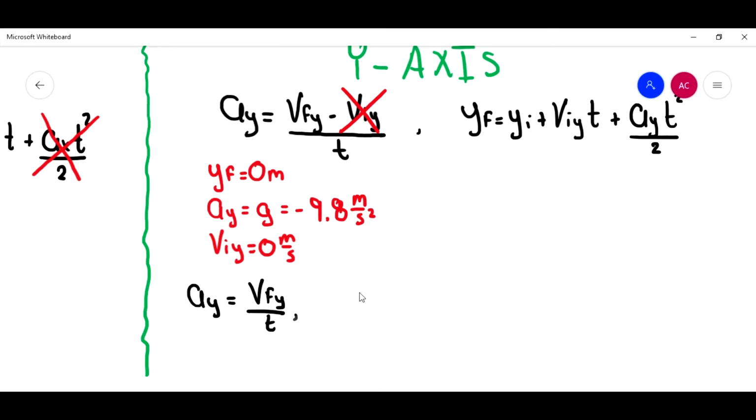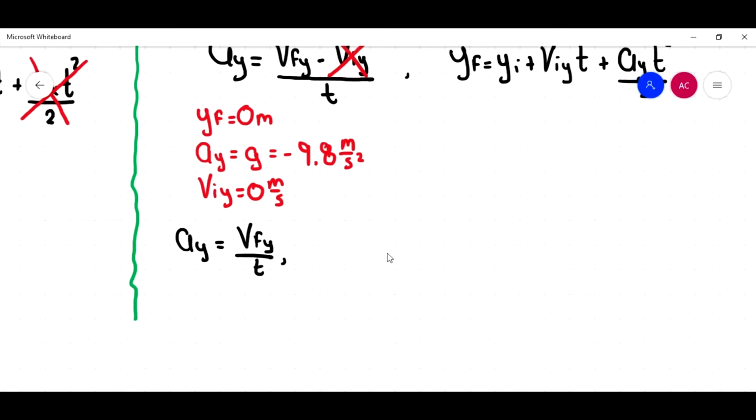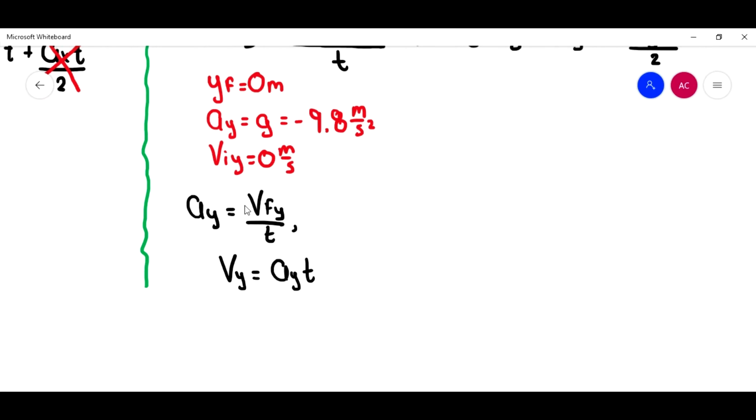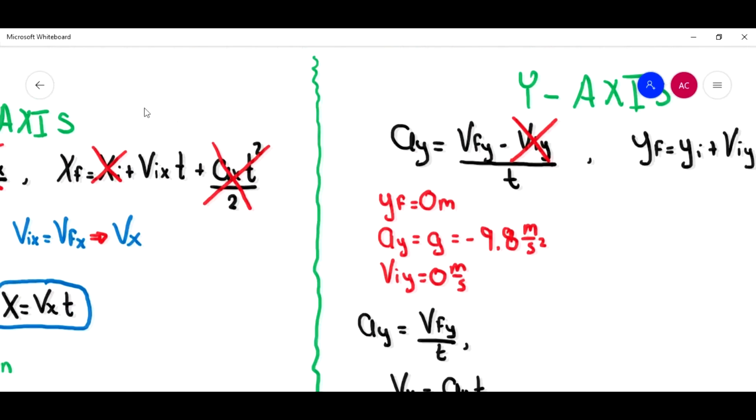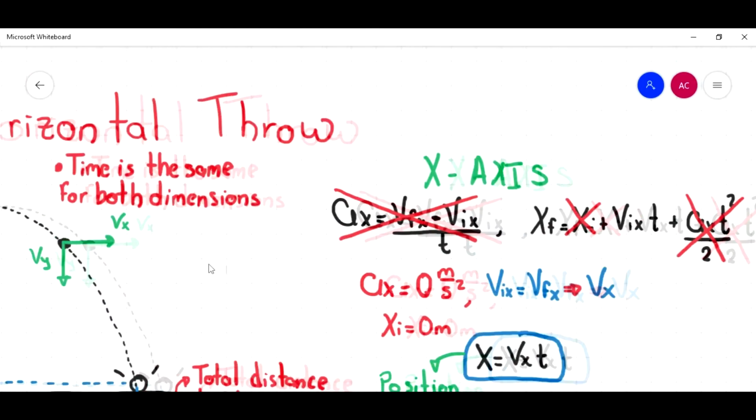From this equation, I'm going to find velocity in y: velocity in y equals acceleration in y multiplied by the time. I just got rid of the initial velocity in y. With this equation, I can find the velocity in y at any given time.